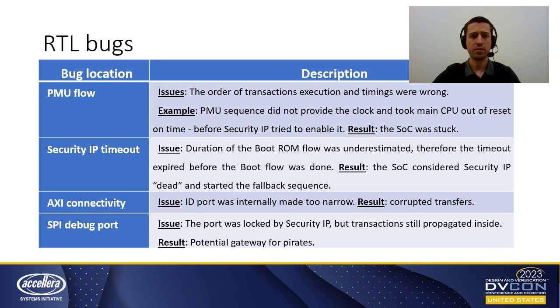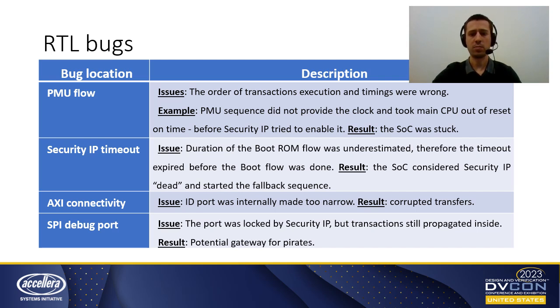We found several bugs during this procedure. The first set of bugs is related to the PMU flow. An example of one bug is that the PMU did not provide clock to the main CPU, while the security IP had already executed its part of the power up sequence and tried to enable it. So the main CPU was never enabled and the SoC got stuck. The second bug is related to the security IP timeout.